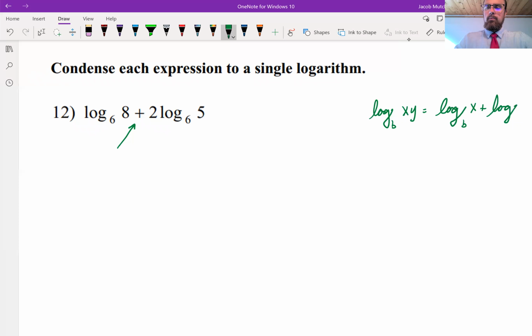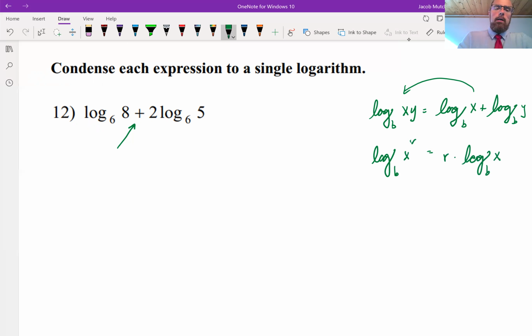And again, what we're seeing is we have the right-hand side. We want to take it back to the left. But I see, again, I've got to apply my power of a logarithm property. Log base b of x to the power of r equals r times log base b of x.